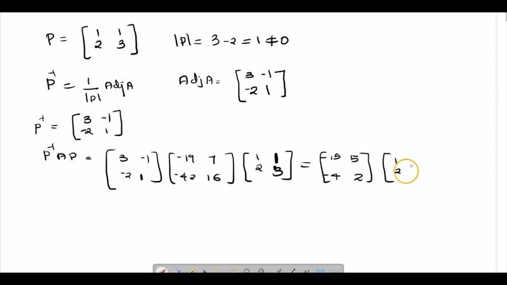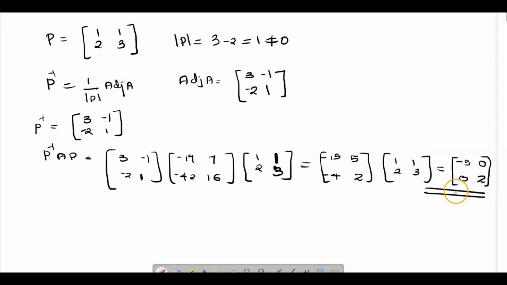Now this is 1, 2, 1, 3. We get the matrix: minus 15 plus 10 is minus 5, minus 15 plus 15 is 0, minus 4 plus 4 is 0, minus 4 plus 6 is 2.